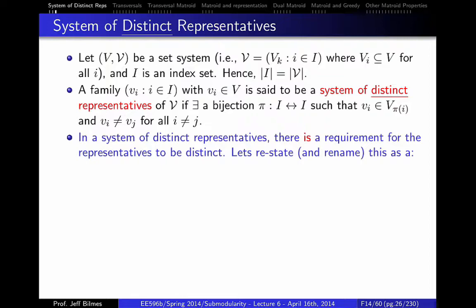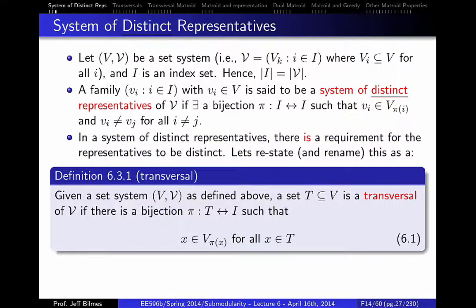So let's restate this again. A system of distinct representatives is often called a transversal. And so we're going to define a transversal, with a nice, clear and concise definition.